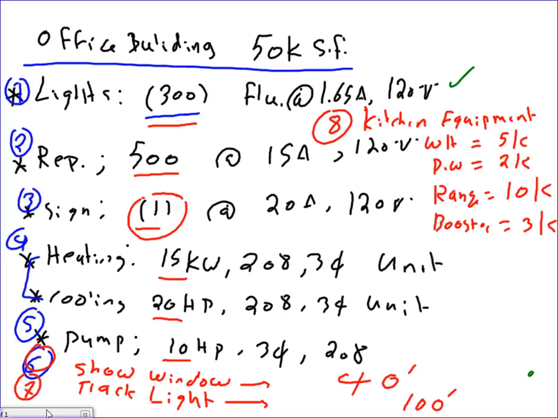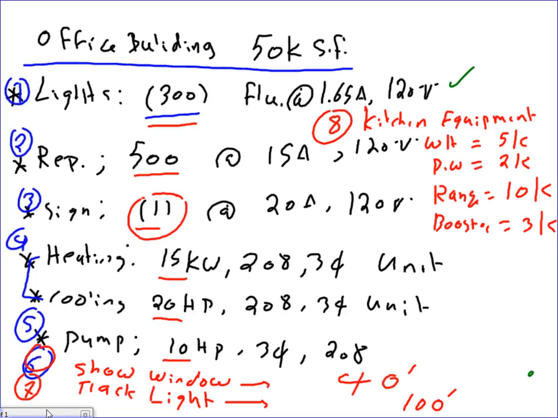Number 3, I have a sign. By code, you have to have a sign, a 20 amp, 120 sign. I have only one of them. Number 4, I have heating and cooling. My heating is a 15 kW 208 3-phase unit. And my cooling is a 20 horsepower 208 3-phase unit. You can argue the cooling is small and the heating, but.